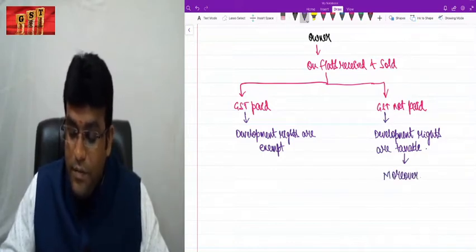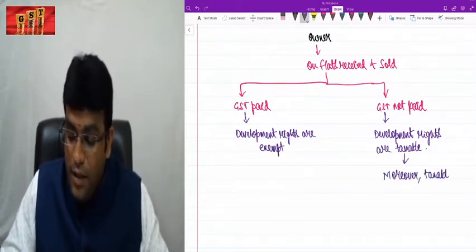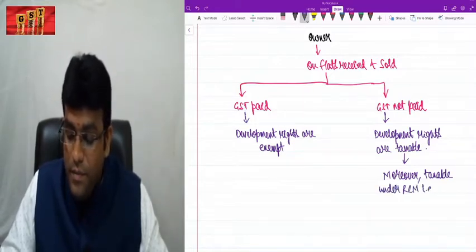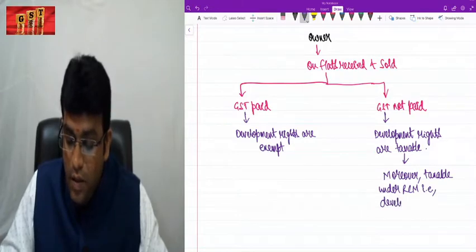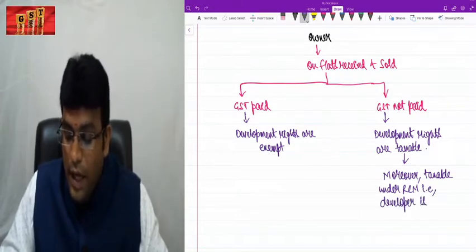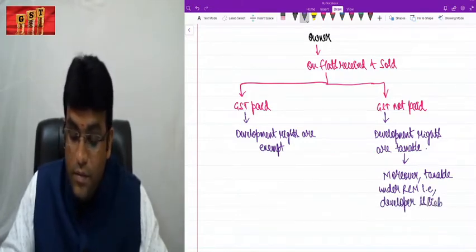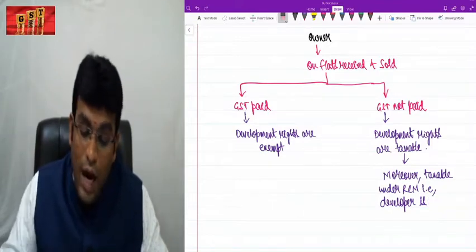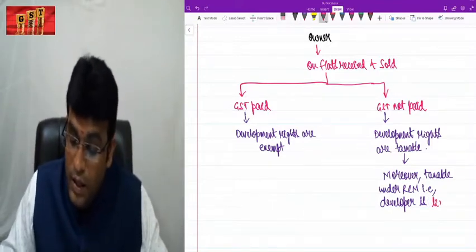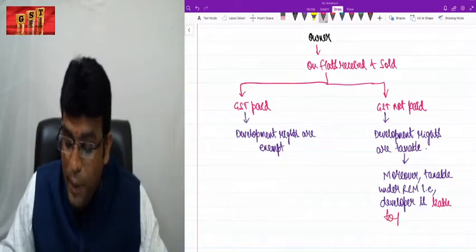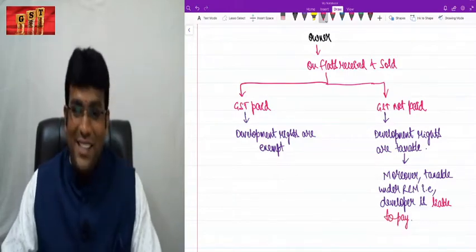Moreover, it is taxable under RCM, that is developer is liable to pay. That's it.